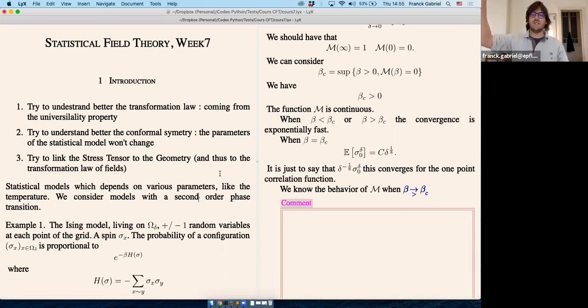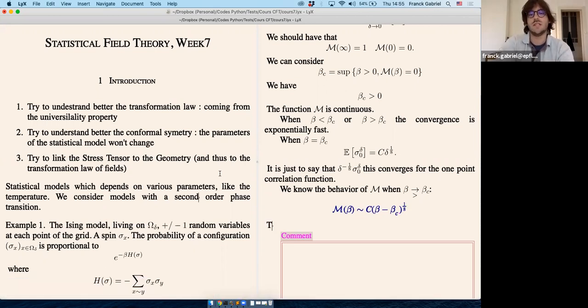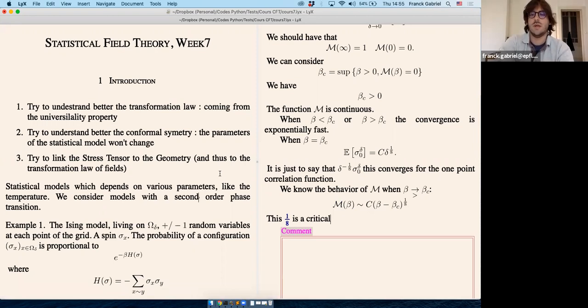So we consider beta goes to beta c, and we saw that it has to converge to 0, and the magnetization behaves like that. It's exactly what Samuel said. It's a constant times beta minus beta c to the power 1/8. So this 1/8 is a critical exponent.